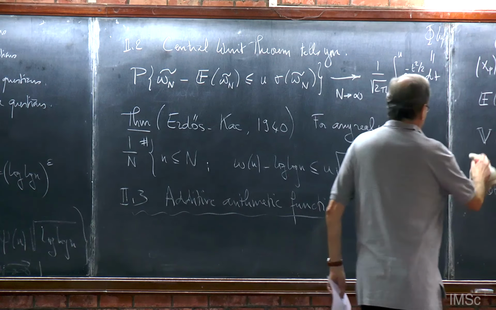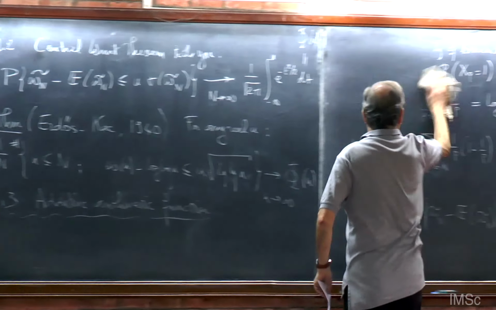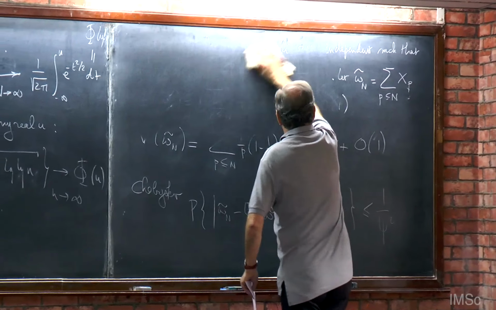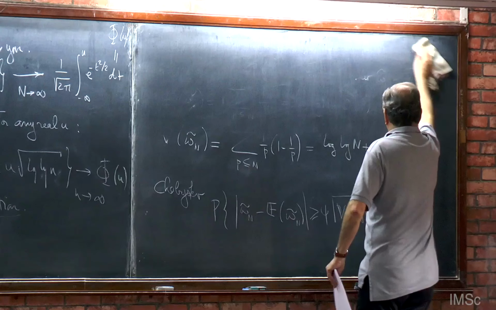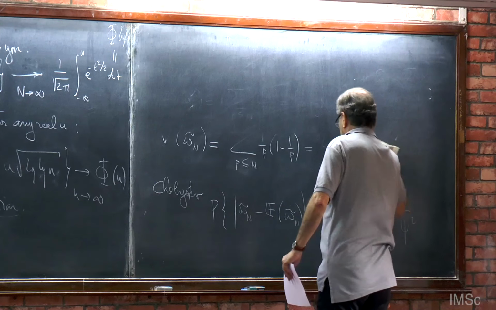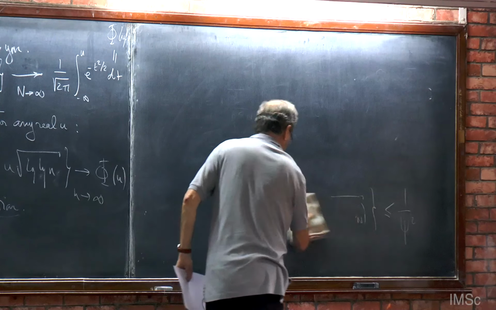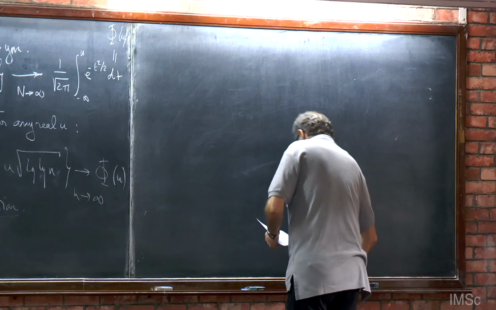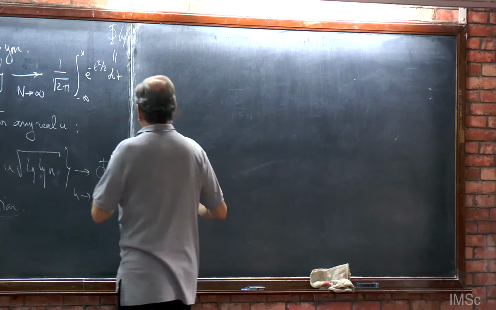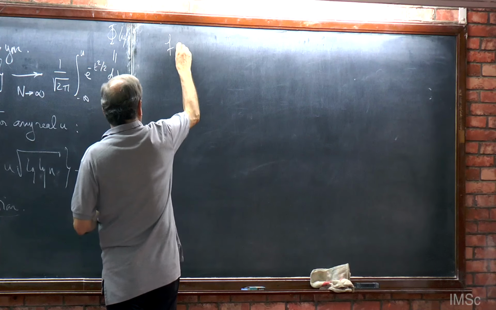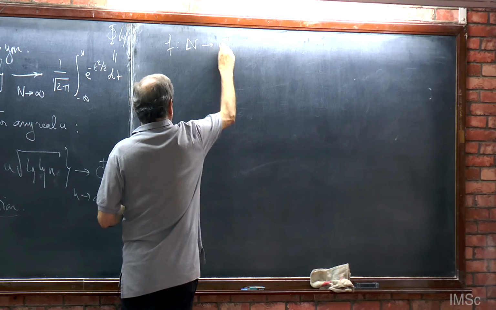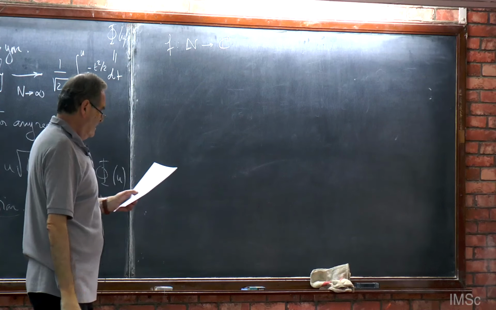So the one which will be of interest, I already told you what we were going to do, is the following. You have a function f from N to C, and we're interested in functions which are additive.